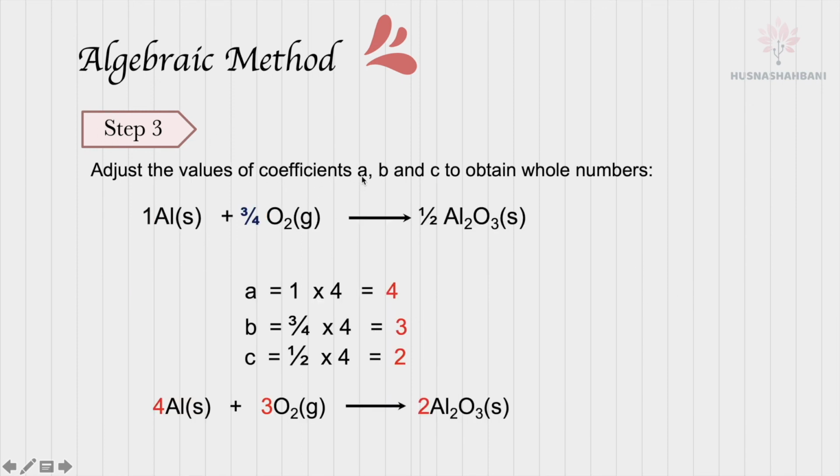Adjust the values of coefficients A, B, and C to obtain whole numbers. So A equal to 1, B equal 3/4, C equal half, and then to obtain whole numbers, times by 4, so you get 4 Al plus 3 oxygen. The product is 2 Al2O3.